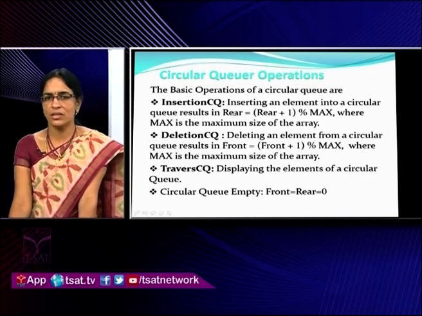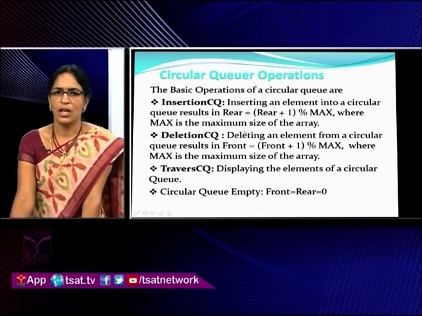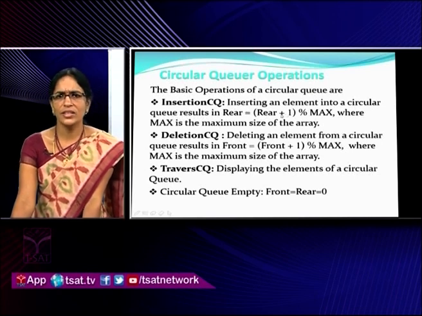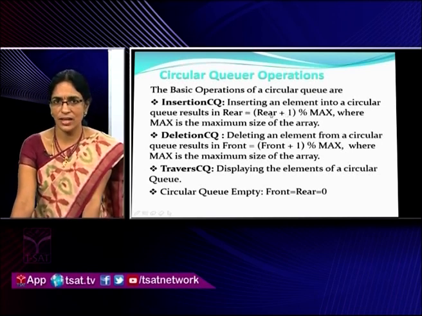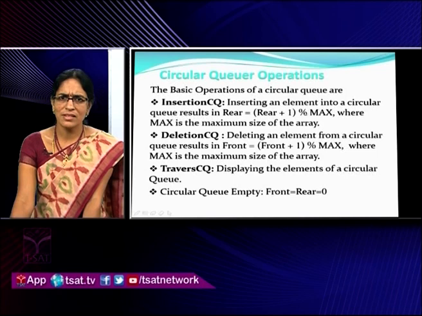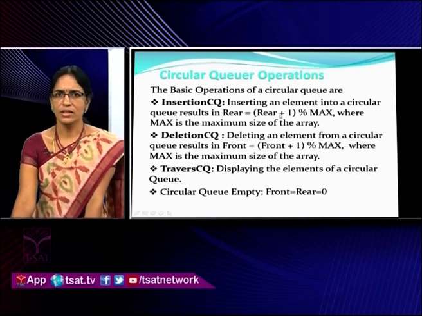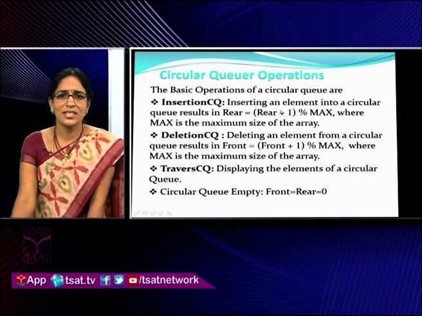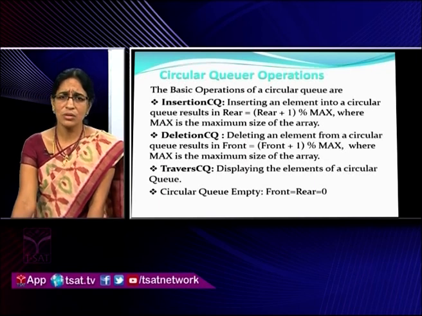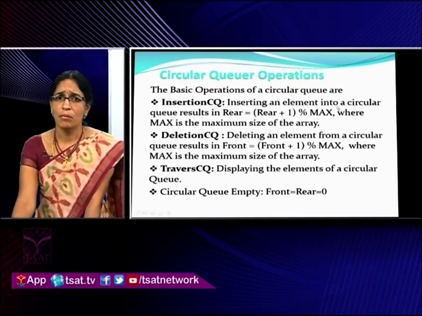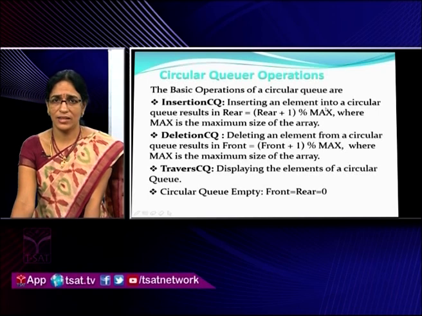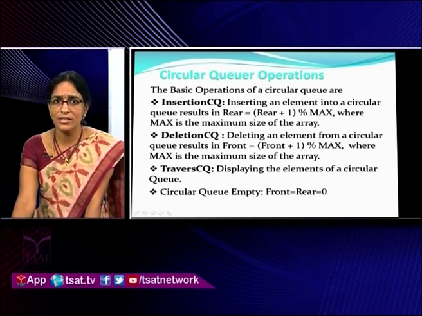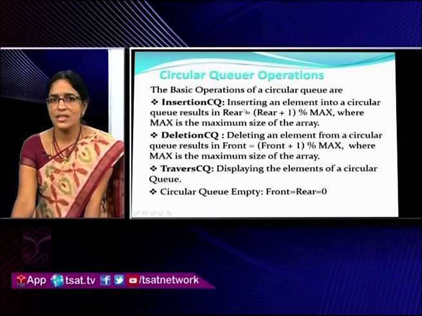So initially it stores into the 0th position and rear is incremented by 1. After that, when rear reaches the maximum, that is 9 since there are 10 elements and the index starts from 0, 9 plus 1 is 10, and 10 mod 10 returns 0. So it starts again from the 0th position.